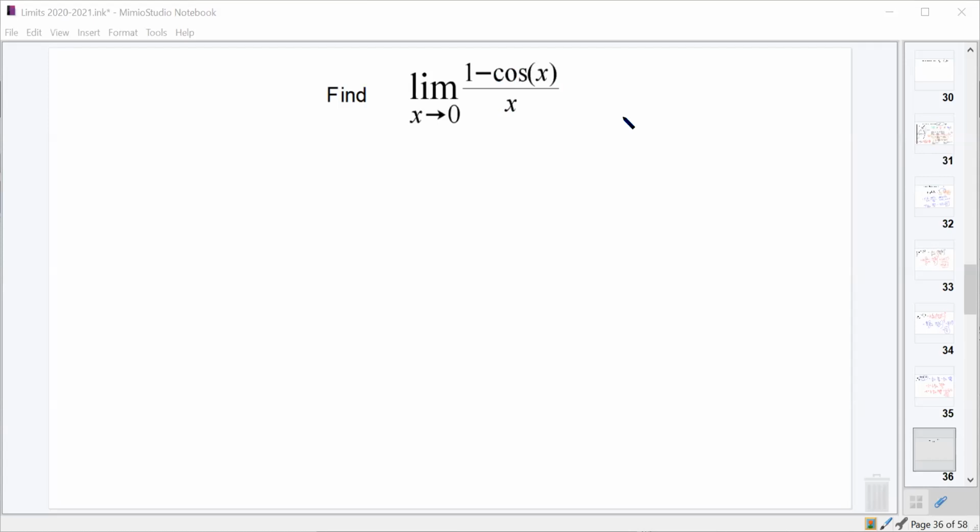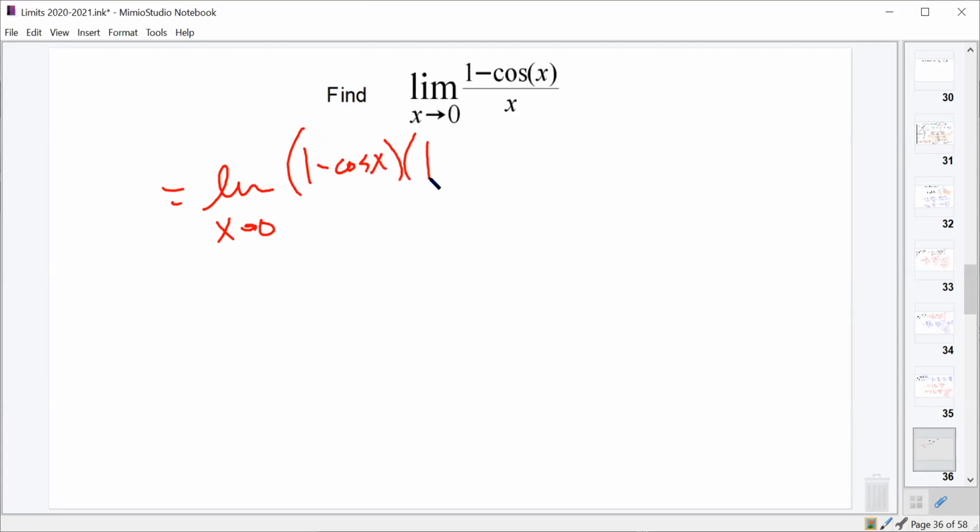So how could I turn 1 minus cosine x into 1 minus cosine squared x? What would I have to multiply it by to get that? 1 plus cosine x. Yep, that would do it, because then that would be a difference of squares, right? So we're going to make this the limit as x approaches 0 of 1 minus cosine x times 1 plus cosine x.